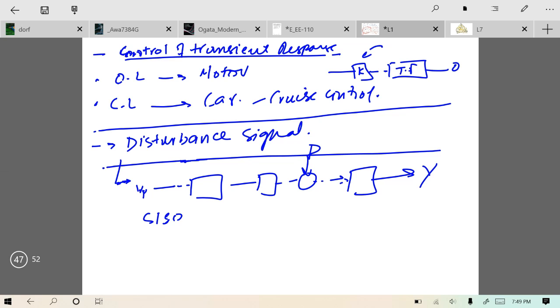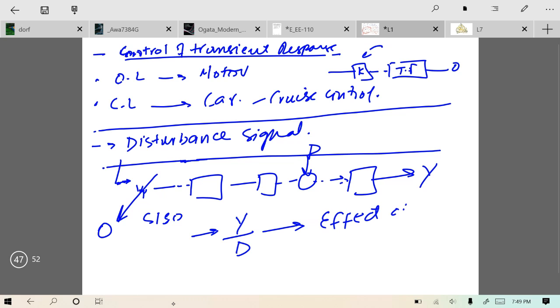So in order to calculate the effect of disturbance, we make this input equal to 0, and we find the transfer function as y over d. This transfer function will give you the effect of disturbance on your system.